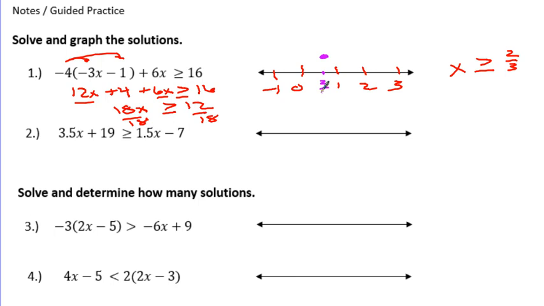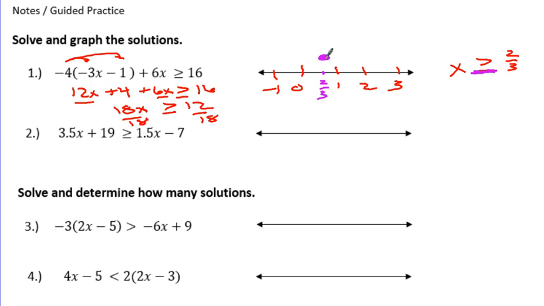I'll write down 2/3, and I'm going to work above my number line just so it's easier to see. There's 2/3, in between 0 and 1. First, I'm going to plot a dot on 2/3, but I have to determine if it's an open circle or a closed circle. It's a closed circle, because anything that has the or equal to symbol means that 2/3 is part of the solution.